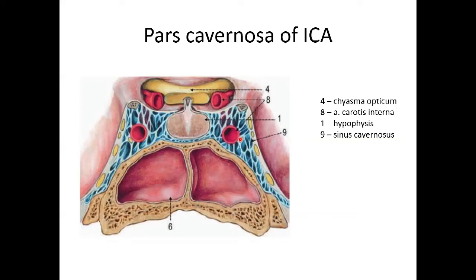So Arteria carotis interna is inside of this sinus. Where there is blue color, the venous blood flows, and where there is red color, inside of the internal carotid artery, arterial blood flows. So they flow in different directions.